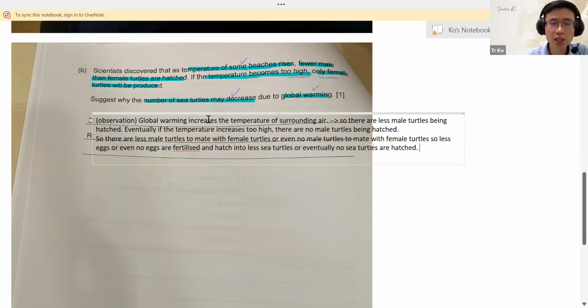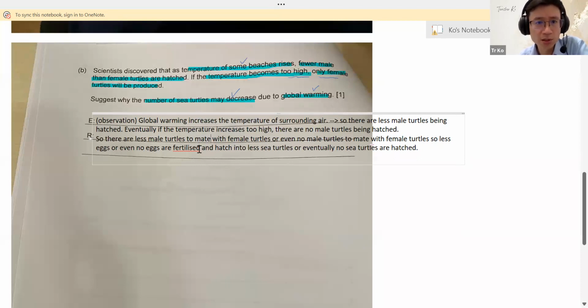Okay, so the key point here, although I write so many things, the key point here is really about fertilization, right? For the population to increase, the eggs must be fertilized, and because there's less males, we fertilize the eggs. All right, you can use the word mate, you can use the word fertilize the eggs.